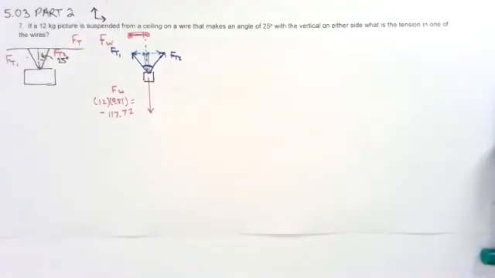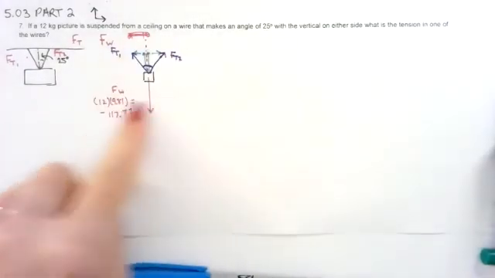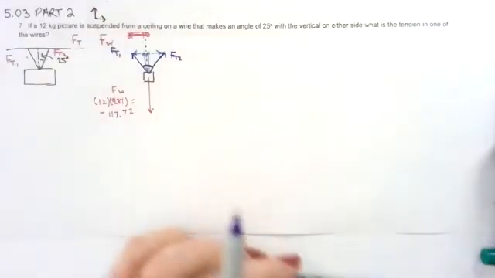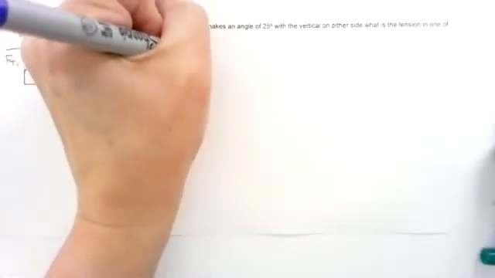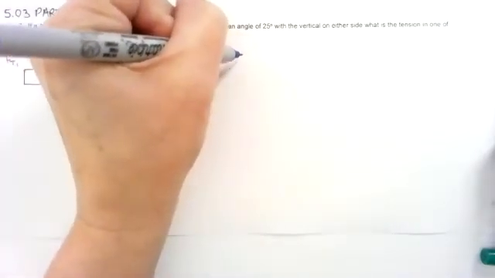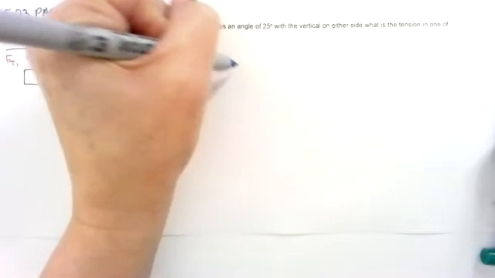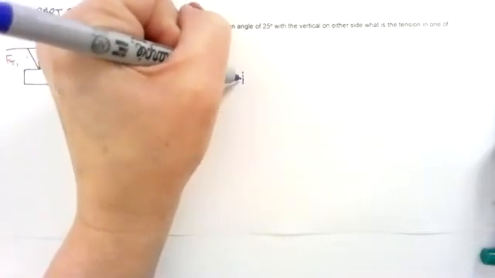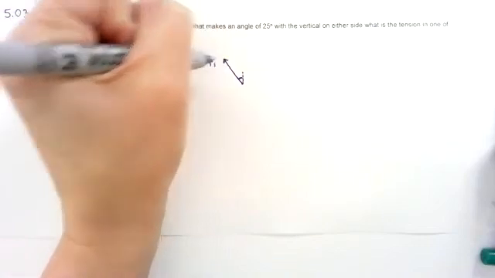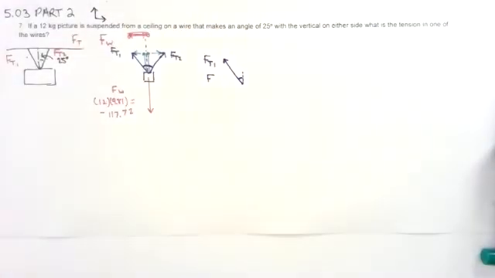So I'm going to redraw this. I'm going to kind of expand this. So let's do FT1. So I'm going to give myself, let's see if that's my horizontal, 25. Whoops, already had FT1 there.